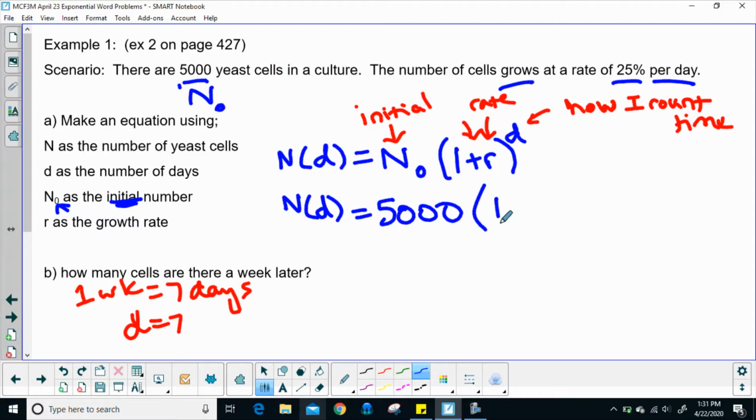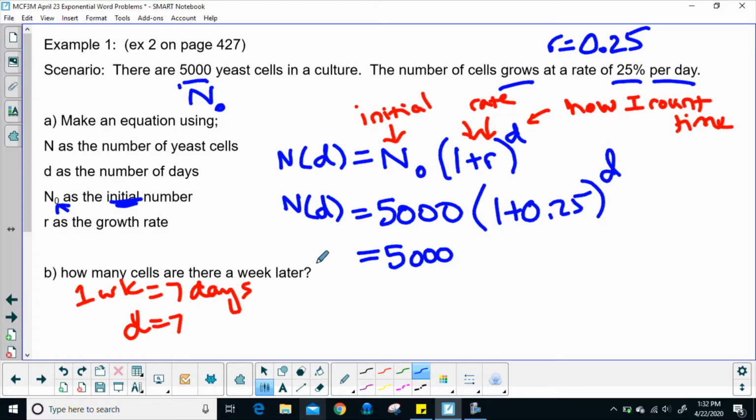I'm told that my growth rate is going to be 25%. So to turn that into a decimal, divide it by 100. So you get 0.25 as your R value, 0.25, all to the exponent D. So if I want to simplify that out, you can, you don't have to. I would say that my number at a specific day is 5,000 times 1.25 to the exponent D.